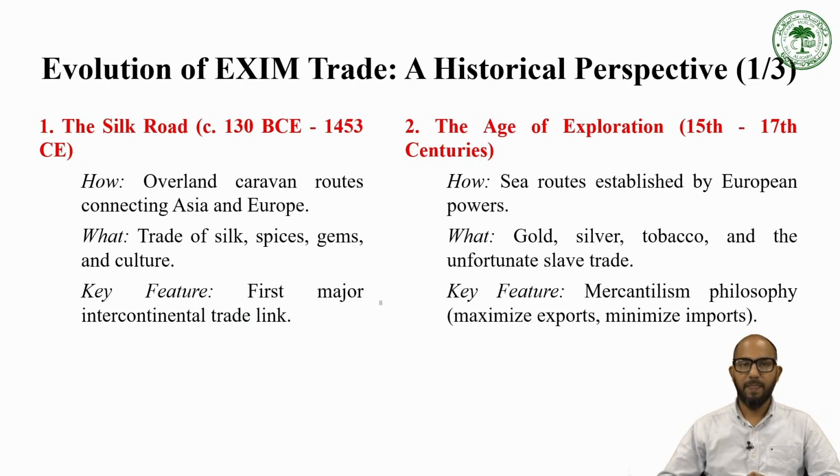The key feature of this trade regime was the mercantilism philosophy, which propounded that every country should maximize exports and minimize imports. The reason being that the more exports are maximized, the more gold will flow into the country.